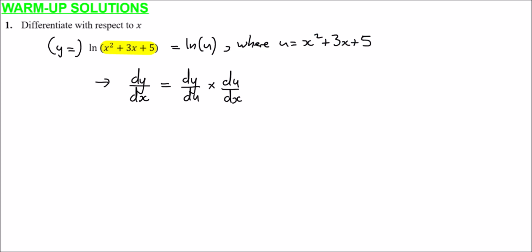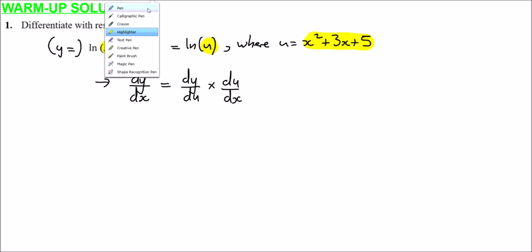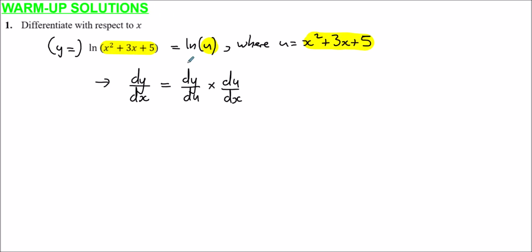The du by dx we can now work out because we've defined what u is. So first, dy by du. If I differentiate y, which is ln u, with respect to u, the natural log differentiates to its own reciprocal. So ln u would go to 1 over u.